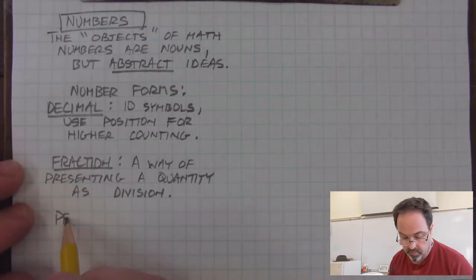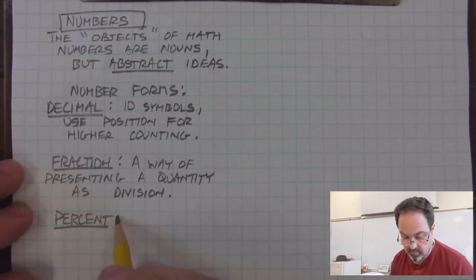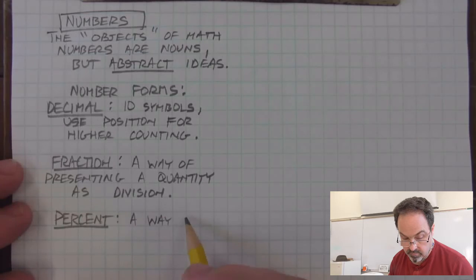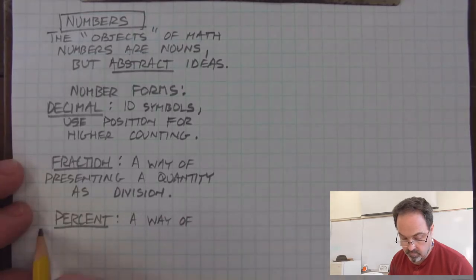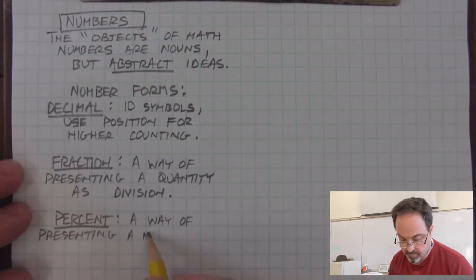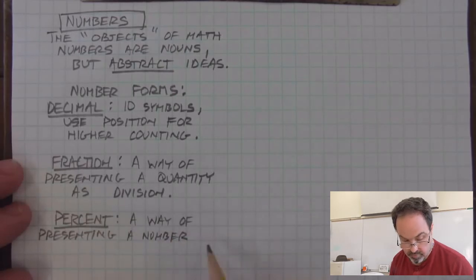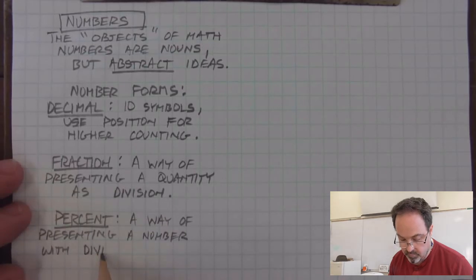Third way that we're going to list here of presenting a number is a number as a percent. And that is a way of presenting a number with division by 100.